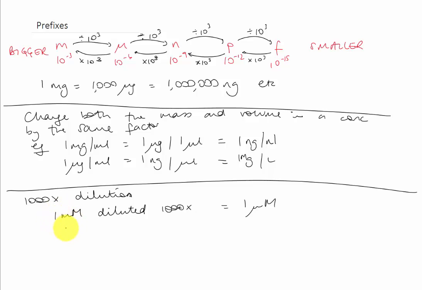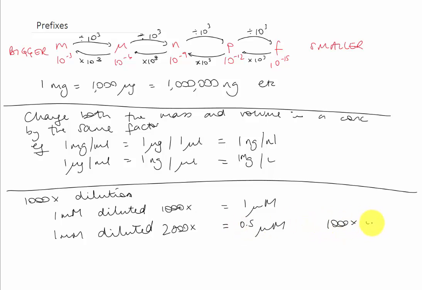We can just use the units to do that dilution. So that can be useful sometimes as well. And let's say it's 1 millimolar diluted 2,000 times, then we can change again from milli to micro, and then we can just do 1 divided by 2, which is 0.5.